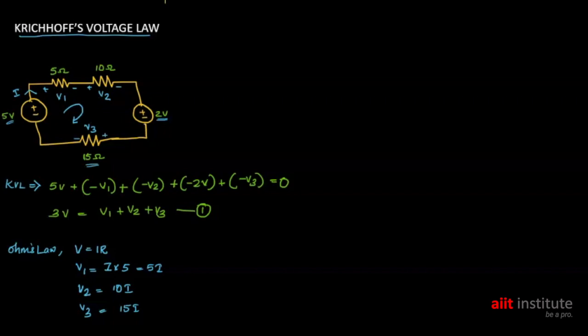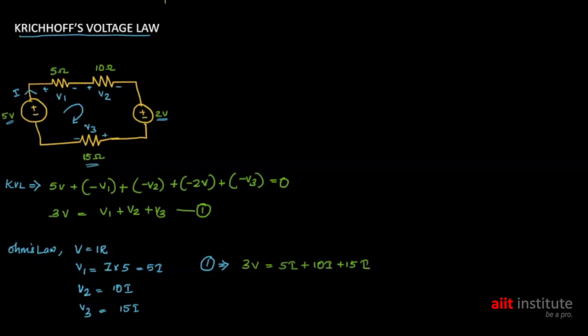So let's put these V1, V2, V3 values in equation number 1. So equation number 1 becomes 3 volt or 3 is equal to V1. What is the value of V1? It is 5I. 5I plus 10I plus 15I.